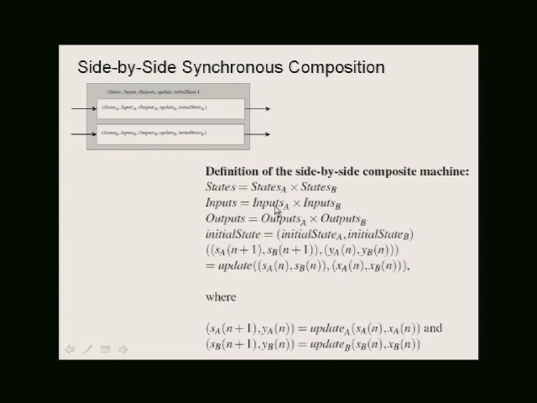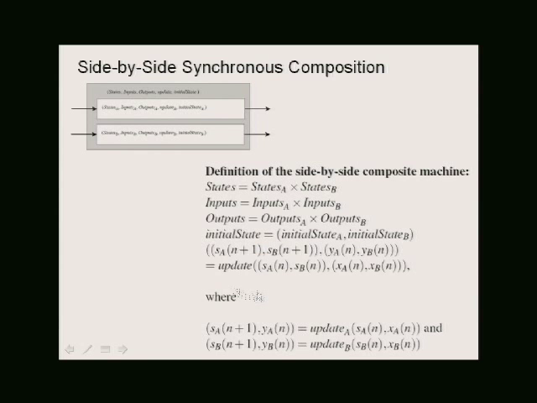In the case of synchronous composition, the update function is not too bad. Let me just walk you through this notation. Recall that the state of the combined system is going to be a pair of the state of A and the state of B, right?